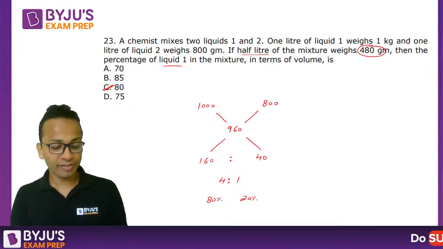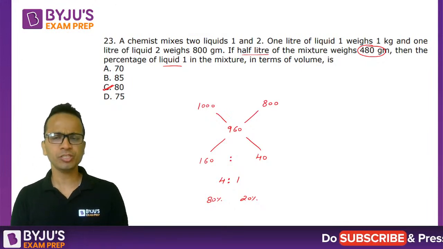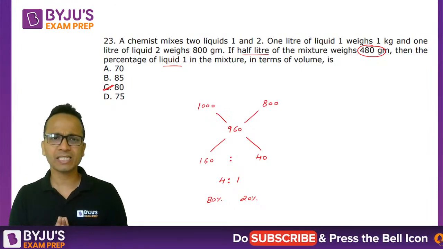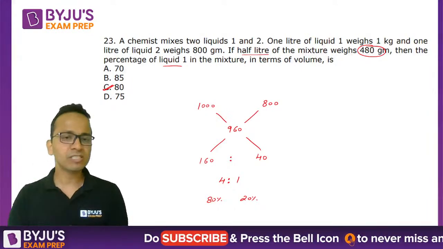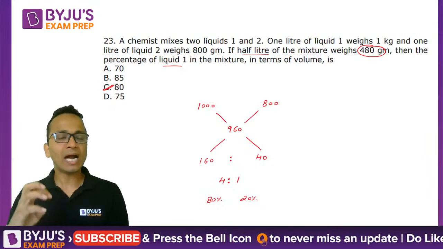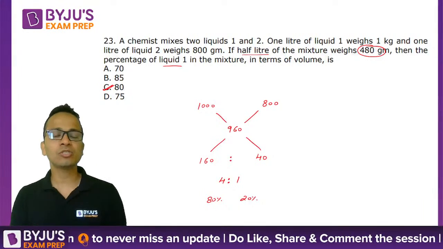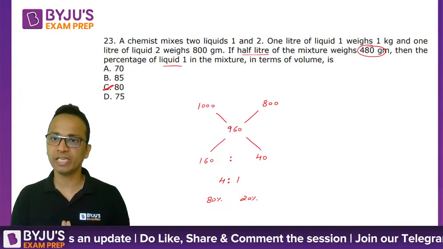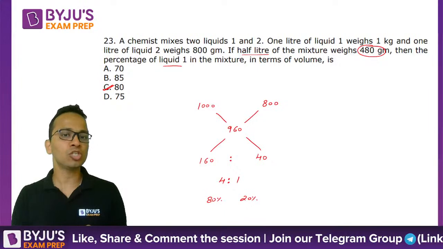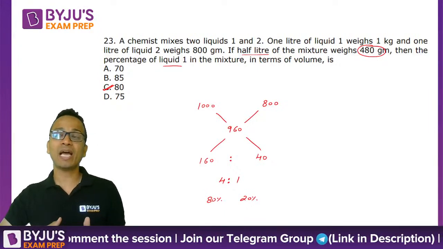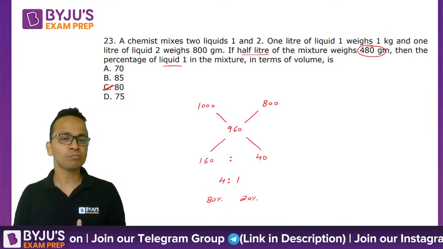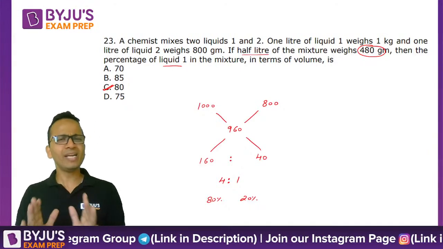So Ankita, if you are facing problems in this type of questions, this is a simple mixture alligations case. What I will suggest is try to understand what your weak areas are. So Ankita, you have understood that mixtures and alligations is your weak area. What you must do is, since we have a good amount of time before CAT, take out one day. One day will be enough.